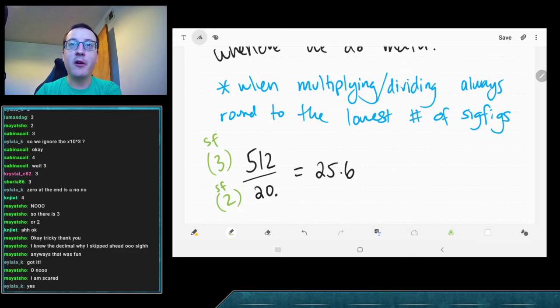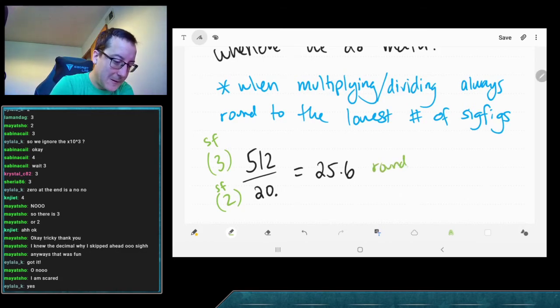Right, so whenever we're multiplying or dividing, we have to round our number so that it has the same number of sig figs as our lowest significance number. Between 3 and 2, 2 is less, right? So we need to round to 2 sig figs.